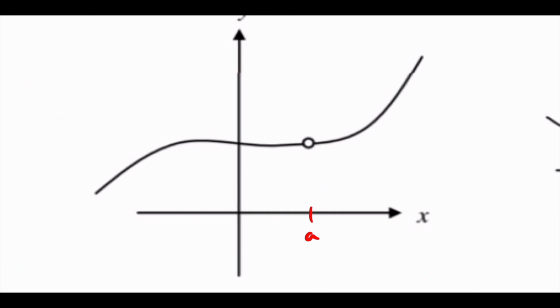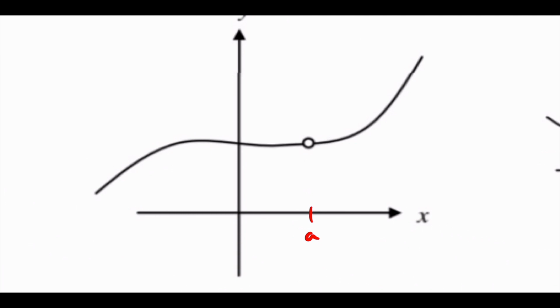Let's look at this guy. This one has a limit at A, right? It has a limit. Problem is, it doesn't fulfill this one here. Because is that limit also the answer at A? No, it's got a dot. It's got a hole, no dot. If that was a dot, then it'd be okay, right? So it has to have a limit there. It has to have a limit at that, and the limit has to equal the answer, the y value, right?